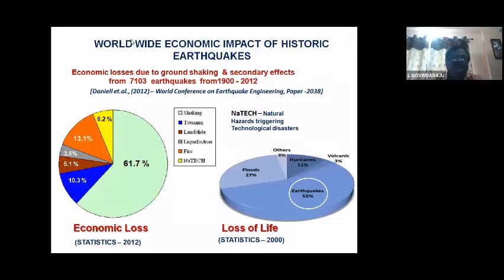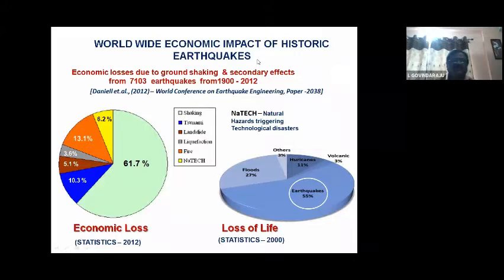When you take up the worldwide economic impact of historic earthquakes, strictly speaking, the major natural calamities can be grouped into earthquake damages, fire hazards, hurricanes, floods, etc. Out of these hazards, the major share will go to earthquakes.